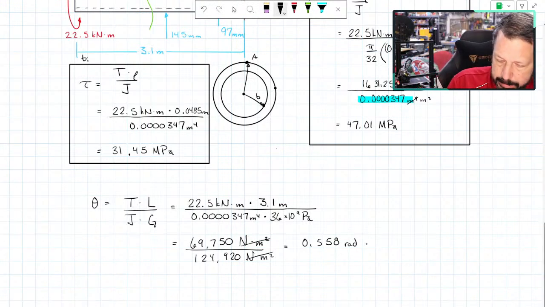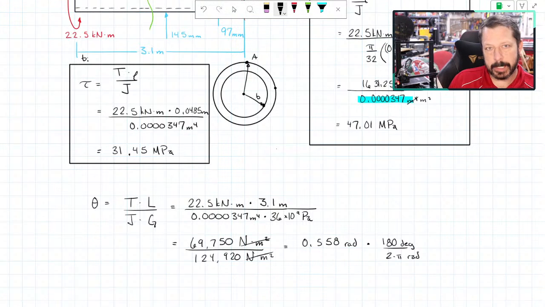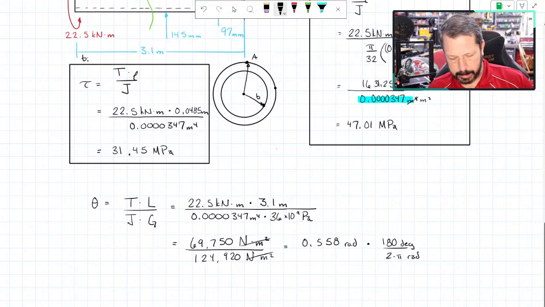So radians times, if I want degrees, I need 180 degrees in 2 pi radians. So multiply by 180, divide by 2 pi. That is not what WebWork said. So somewhere I have made an error.